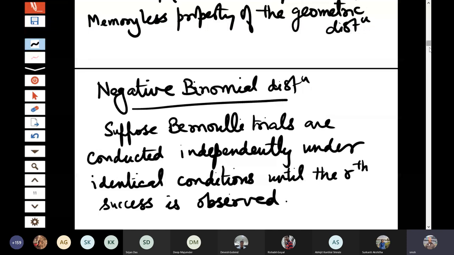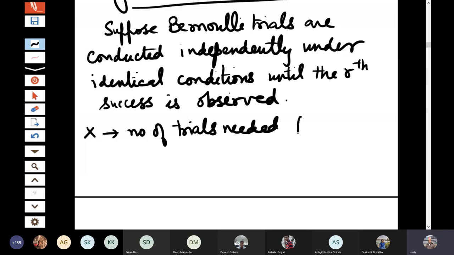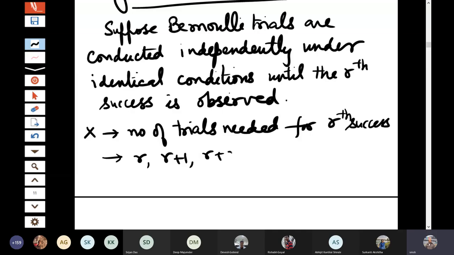If I put x as the number of trials needed for the rth success, then x can take values r, because at least r trials will be needed to get r successes, and it can be r plus 1, r plus 2, and so on. Again it is an infinite valued distribution here. The number of values is countably infinite.